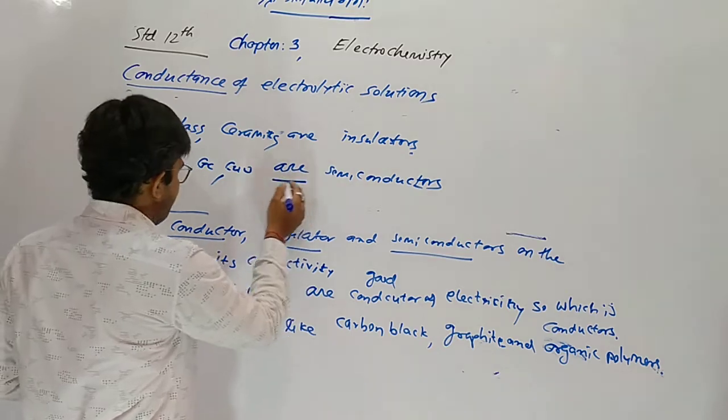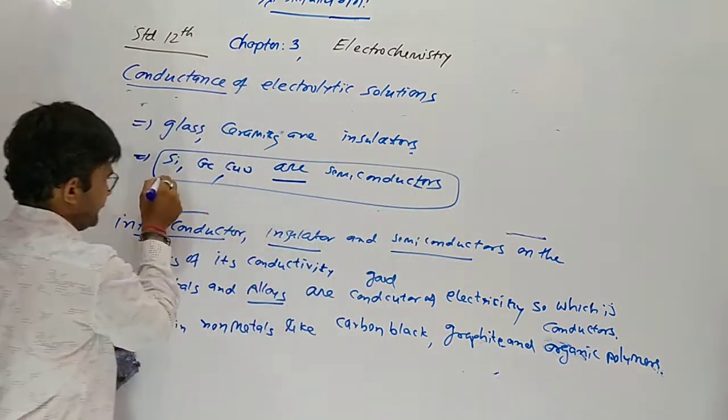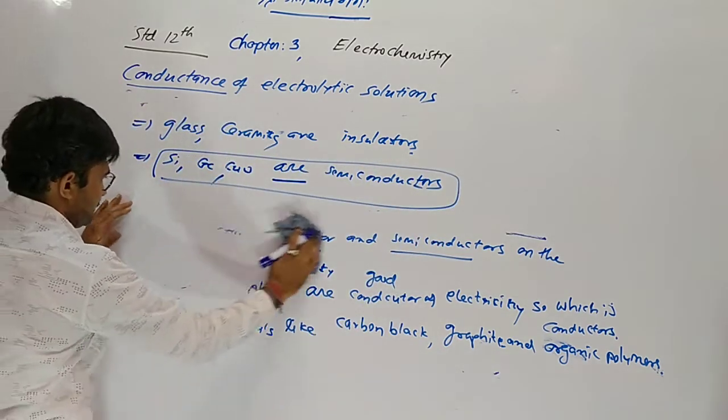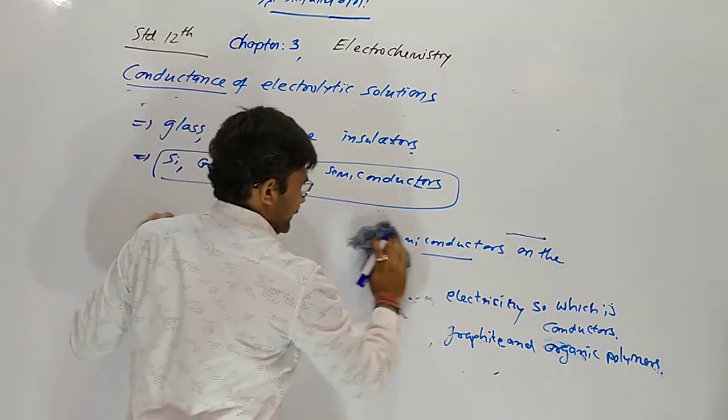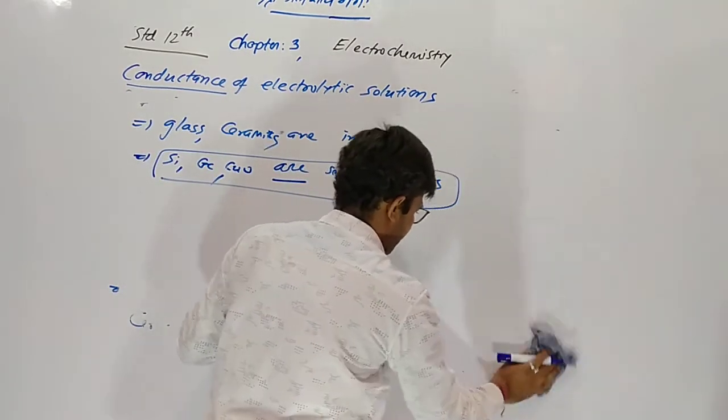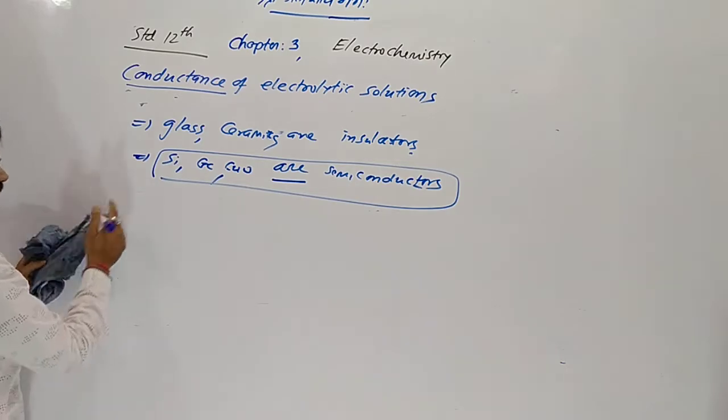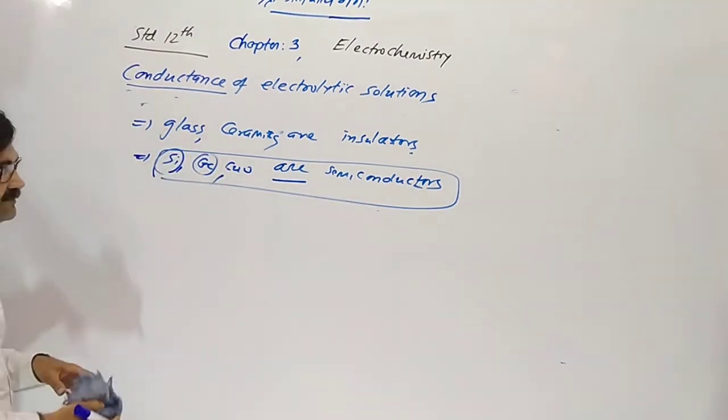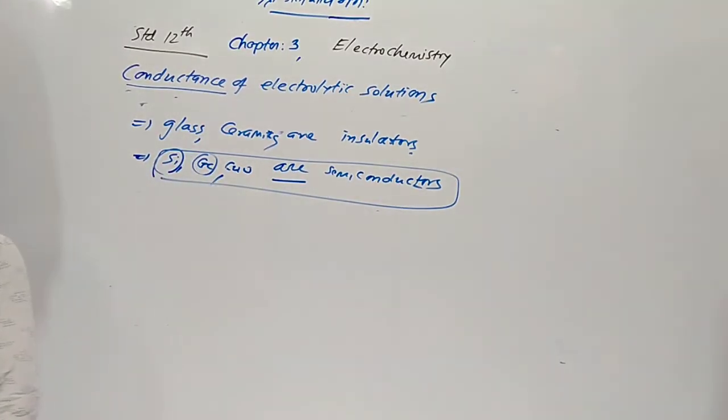We use these semiconductors by doping some impurity, as we discussed in chapter number 1. We dope impurities in silicon and germanium and make instruments which are useful in the electronics industries.